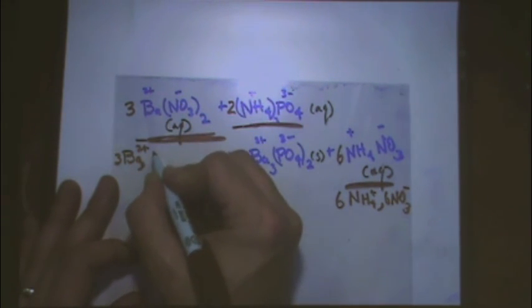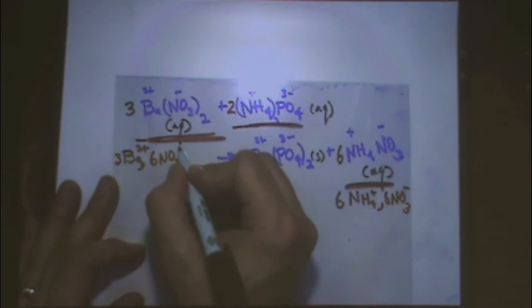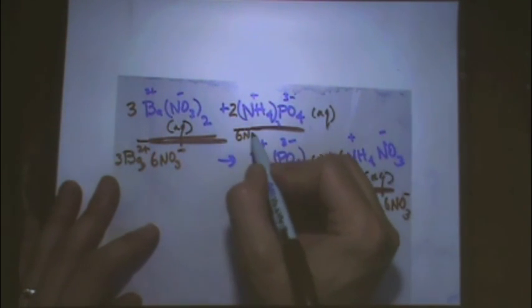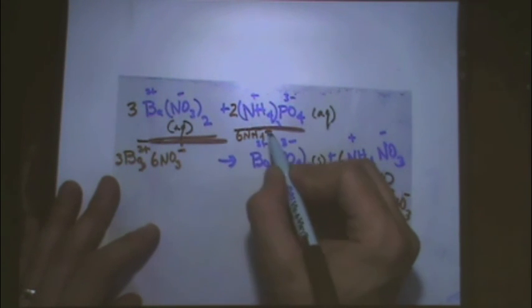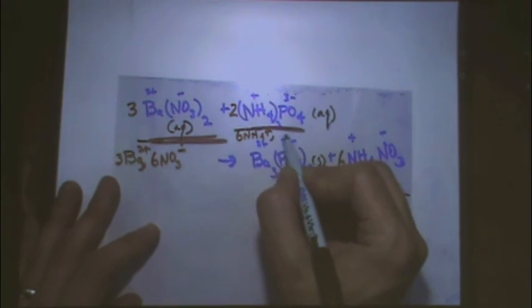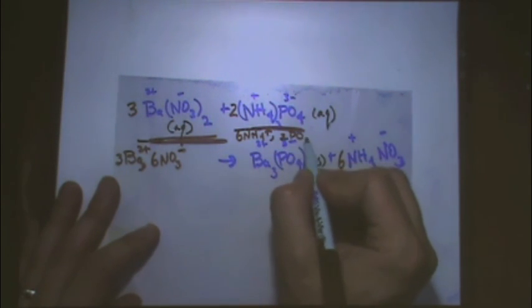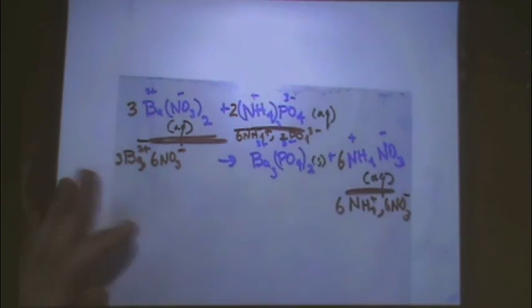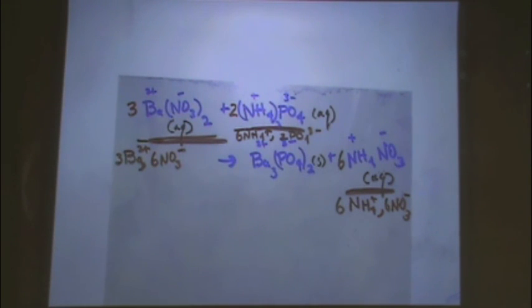So I'm just writing these separately. All 3 of these, I'll squeeze this one in here. Okay, wrote those all in. Now I'm going to see what cancels from both sides.